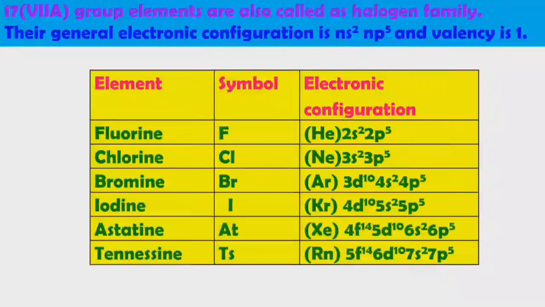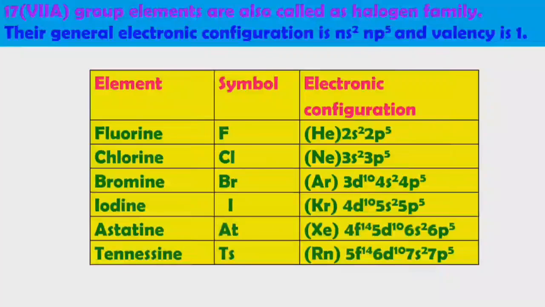Fluorine, chlorine, bromine, iodine, astatine, tennessine. These are the 7th A group elements. Valency electronic configuration for fluorine is 2s2 2p5. For chlorine it is 3s2 3p5. For bromine it is 4s2 4p5.